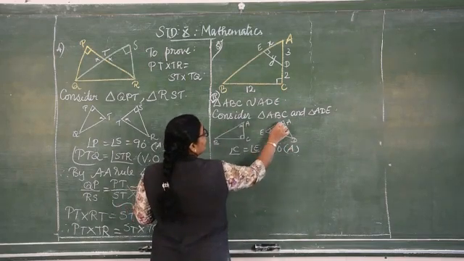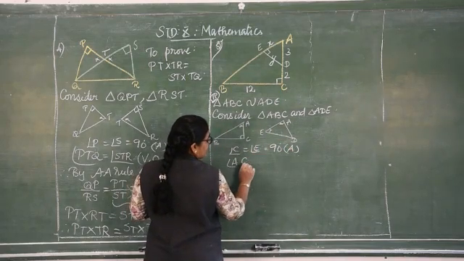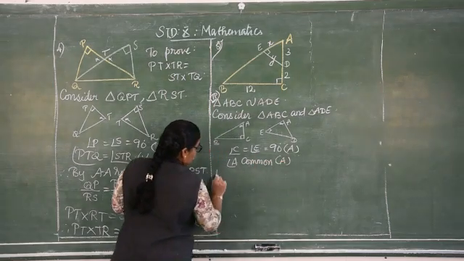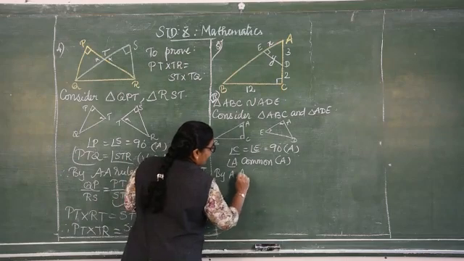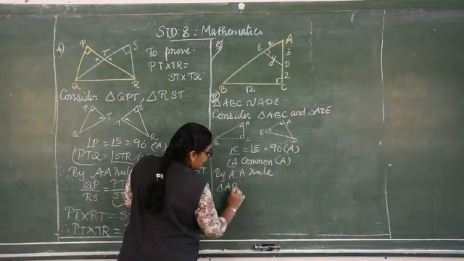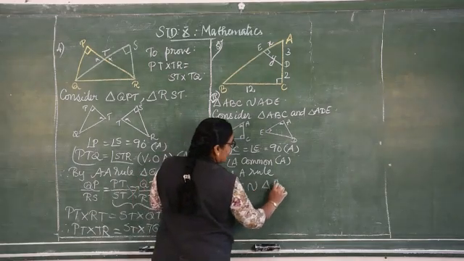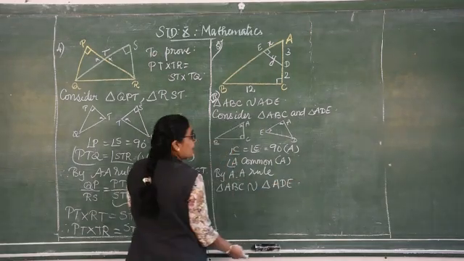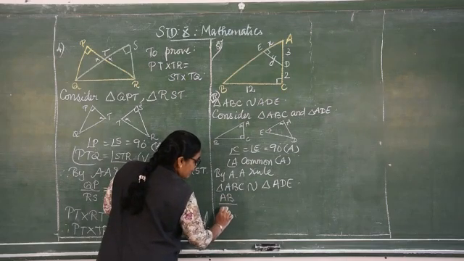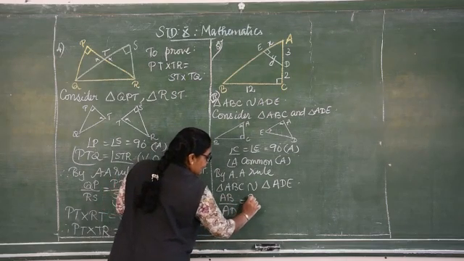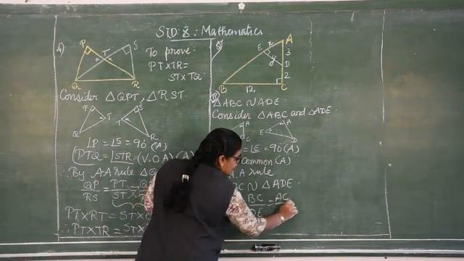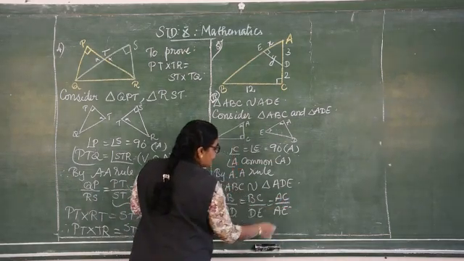And A is common to both, so it will be the same angle. So by AA rule we can say triangle ABC is similar to triangle ADE. When they are similar, the conditions we can write are AB by AD is equal to BC by DE is equal to AC by AE.